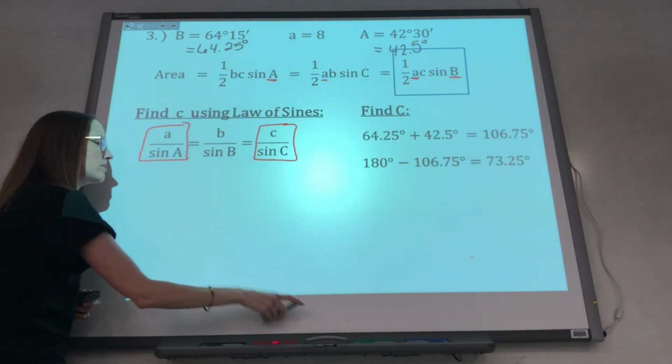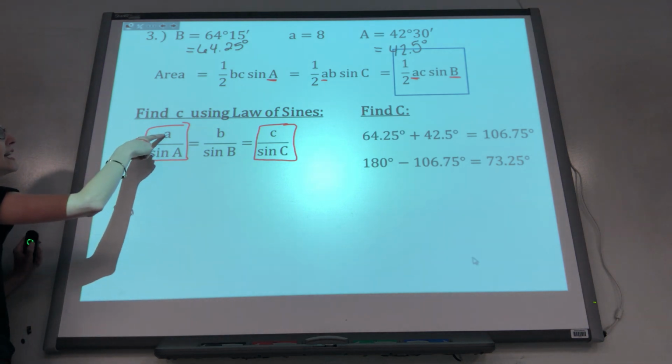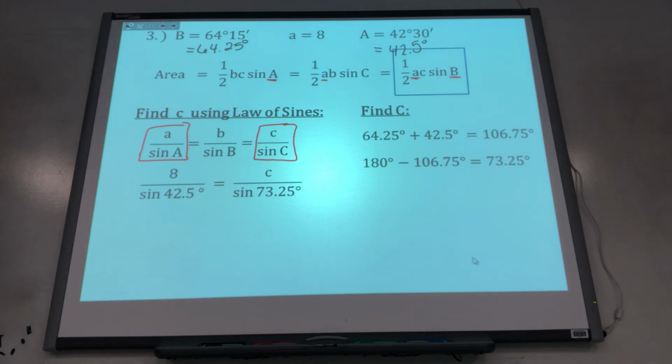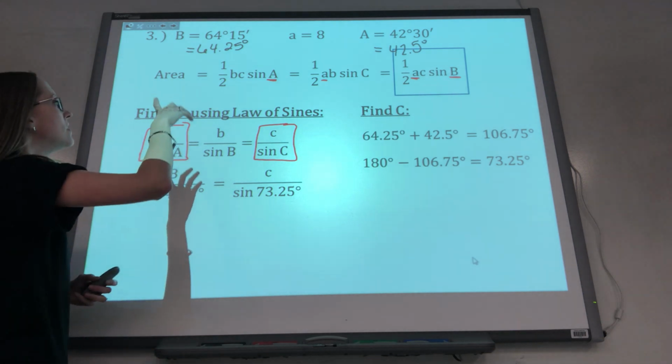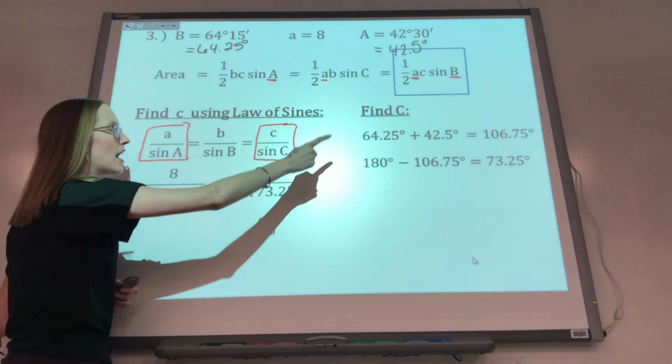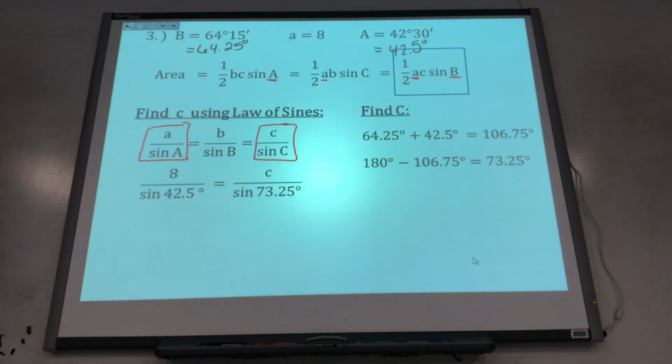Okie doke. Now I'm going to go for the law of sines. So here we go. Little a, which is 8, over sine of big A, which is 42.5 degrees, equals little c, which we don't know, over sine of big C, which we just found to be 73.25 degrees.